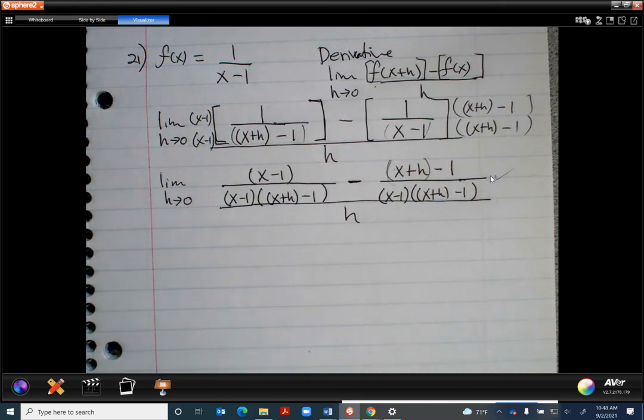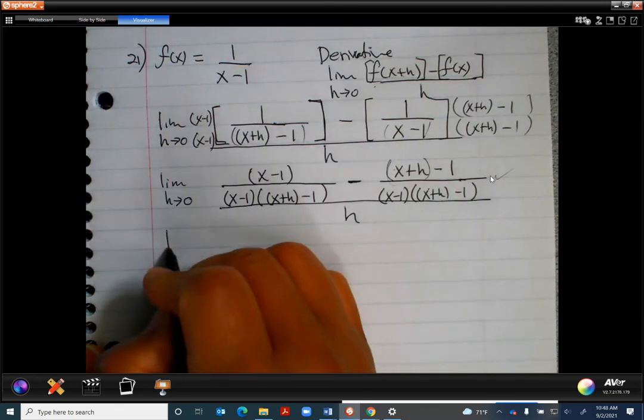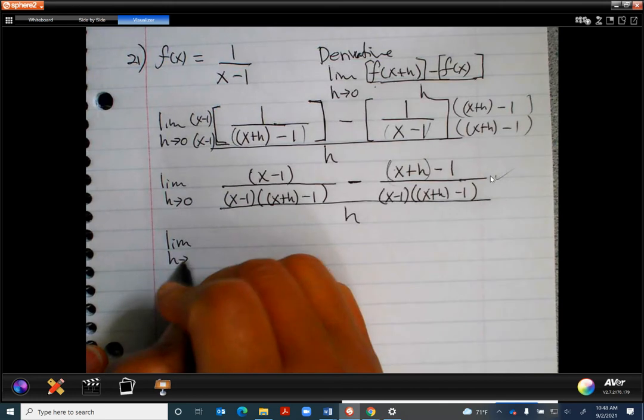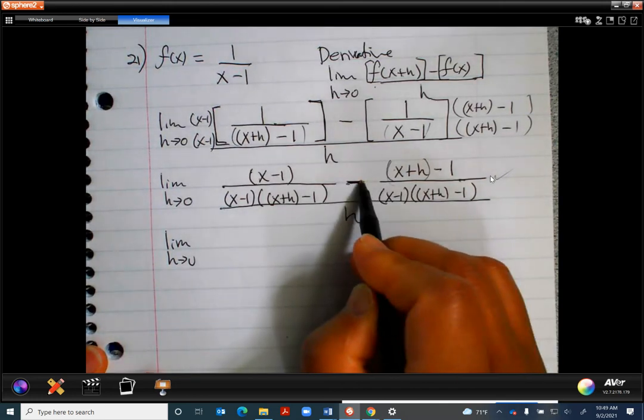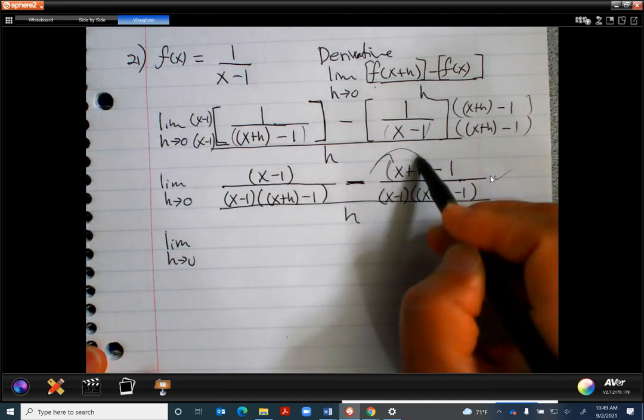All right. Now, stay with me, okay? I'll give you time to copy more if you need it. Do you see this minus? You always need to distribute this negative. Don't forget to distribute your negative. Do you understand? To all of them.